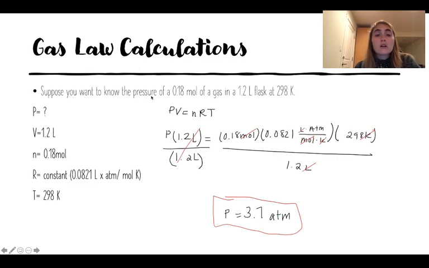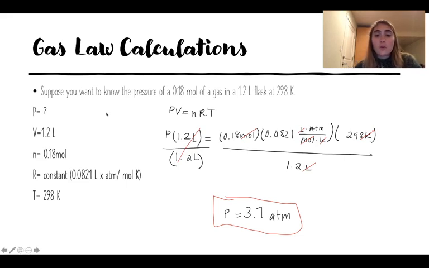Suppose you want to know the pressure of 0.18 mole of a gas in a 1.2 liter flask at 298 K. So I'm going to go ahead and start by filling my P, V, n, R, and T variables out. Suppose you want to know the pressure, so P is equal to question mark, because that's what we're trying to find.